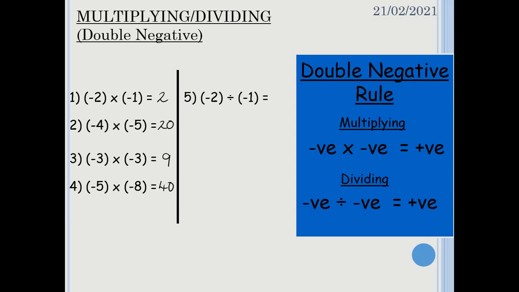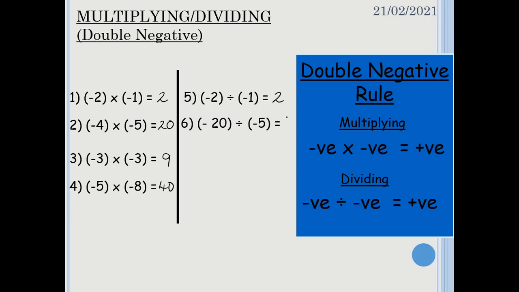Look at dividing. Negative 2 divided by negative 1. Again, I'm spotting that I've got two negative numbers, so my answer is going to be positive. So negative 2 divided by negative 1 gives me positive 2. Negative 20 divided by negative 5. Again, I'm always looking at them and I'm saying to myself, I've got a negative and I've got a negative. Two wrongs make a right.